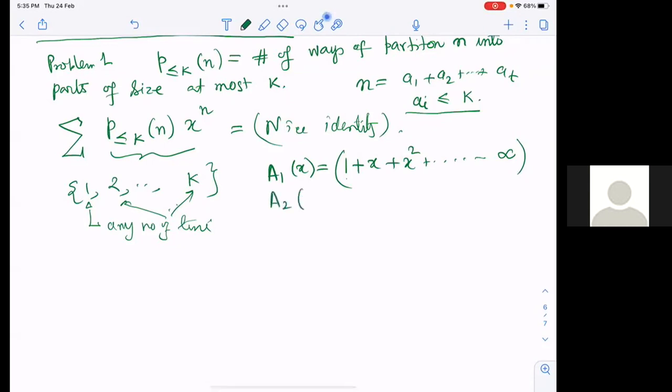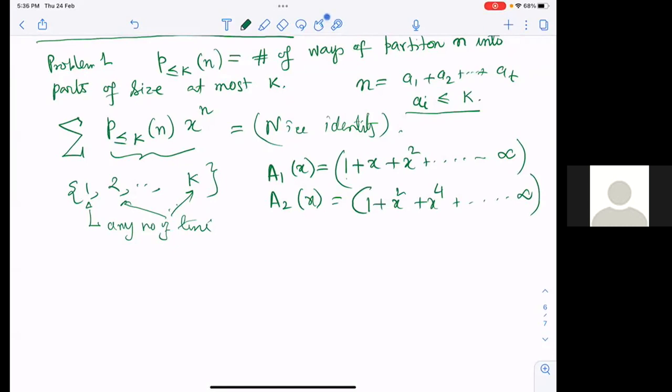Similarly, you can define a2(x) = 1 + x^2 + x^4 and so on. That means the first term, x to the power 0, is that you have not used 2. You have used 2 only once, that's the reason x squared comes.